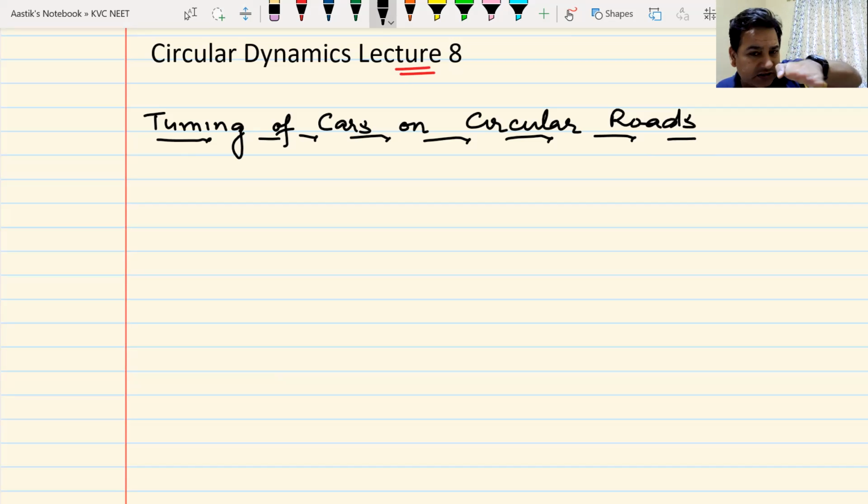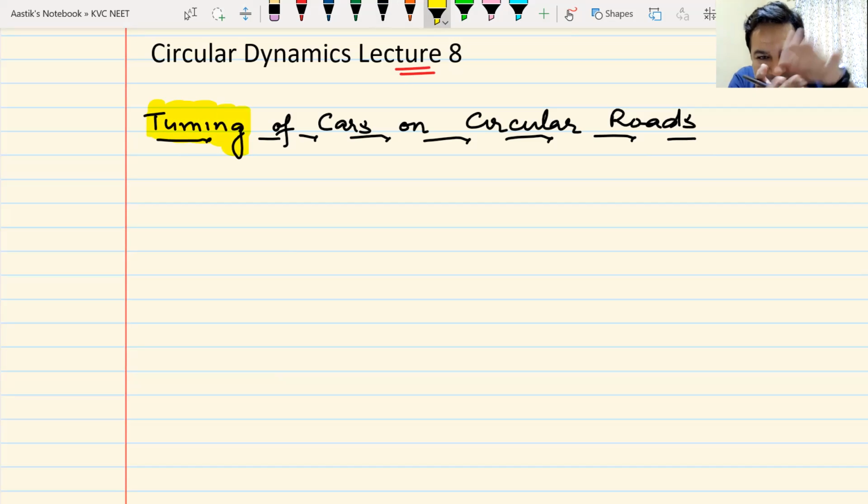When a car is turning on a circular track, it is changing direction. We are not talking about speed at all. It is also changing speed, but what we are concerned with is the change in direction, the turning. We are not concerned about how it is controlling its speed.